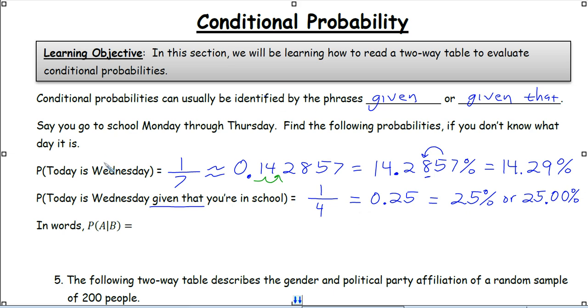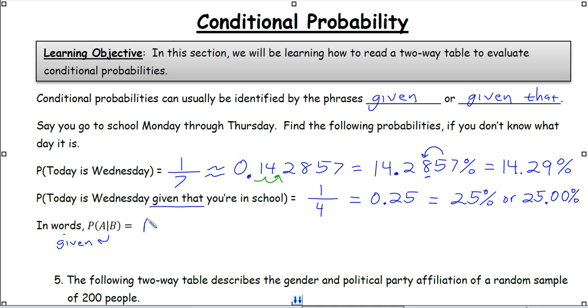Okay, so back to what this says here, that vertical line. This says the probability of A given, or given that B happens.